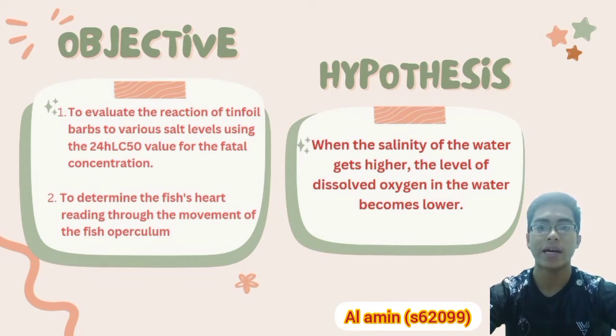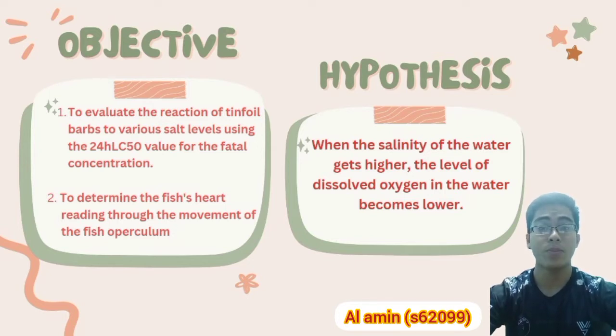So what are the hypotheses that we got through the experiment? The higher the salinity, the lower the dissolved oxygen. As we can see, as the salinity of the water is increased, the level of dissolved oxygen in the water becomes lower.